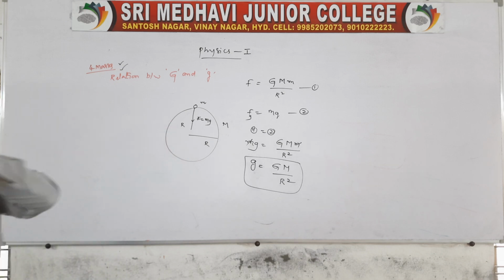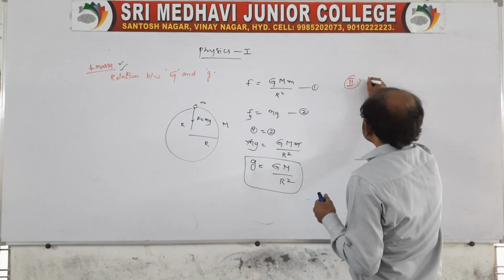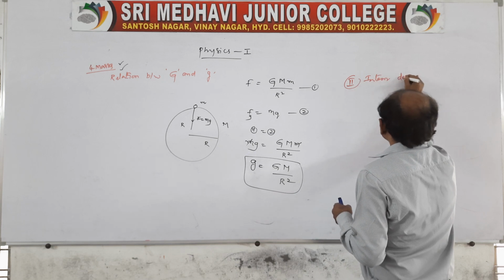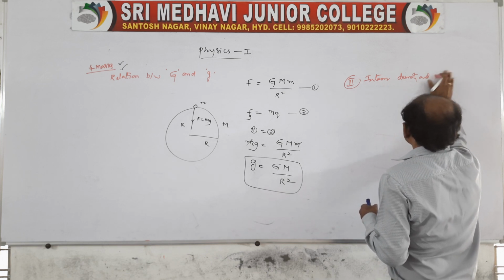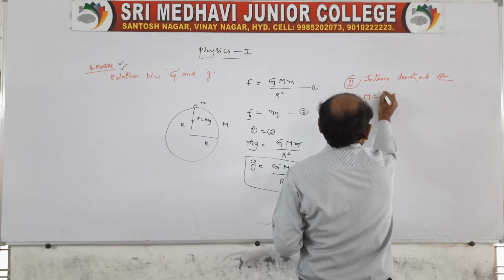So this is one expression. Now in this second part, we have to express it in terms of radius and density, or you can say volume. Mass is equal to volume into density.